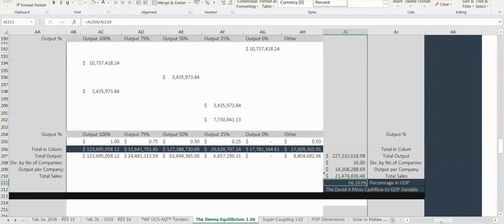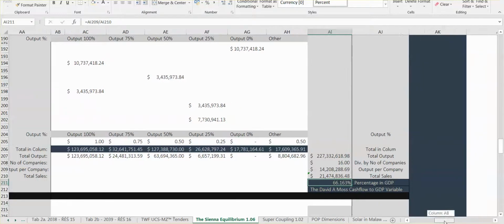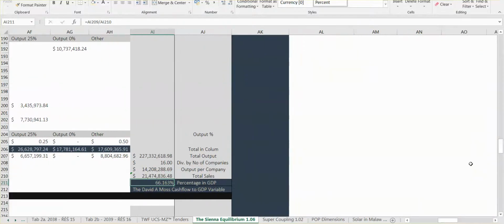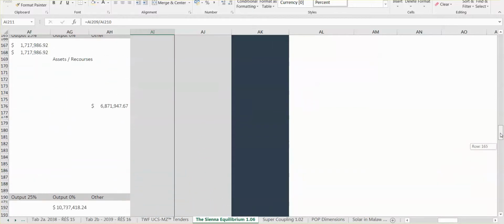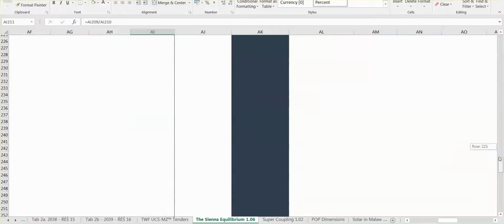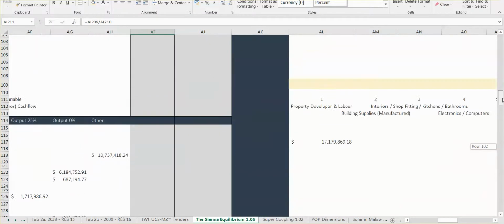Right, now we're going to come on to the next part of the Sienna equilibrium, which I've only just started. Once I got to this point, I realized I really needed to work on the next section. Okay, here we go.